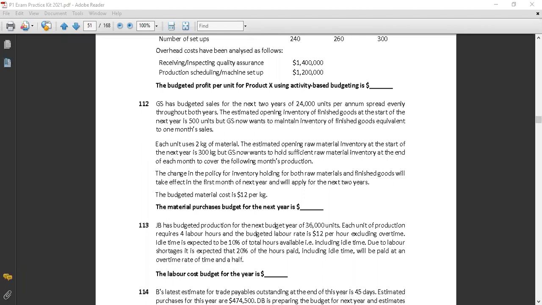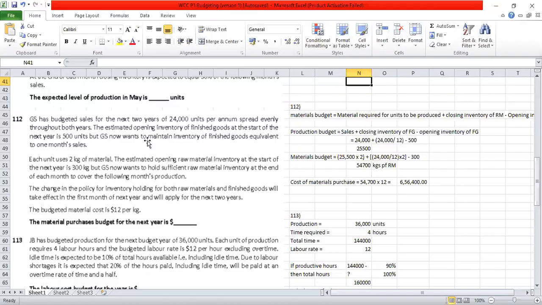I don't think we have done. 112, 113. Let's take it up. Oh no, we've done. We solved these two questions, 112 and 113.